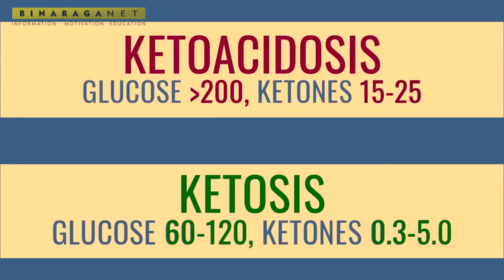So the first difference between ketoacidosis and ketosis is ketoacidosis has really high blood sugars and really high ketones. Ketosis has blood sugars between 80 and 100, 80 and 120, and ketones that range from 0.2 or 0.3 to maybe as high as 5, 6, or 7, depending on if you're fasting.